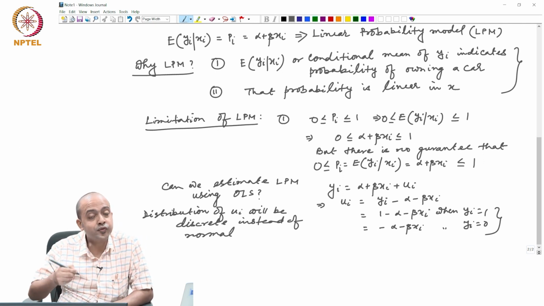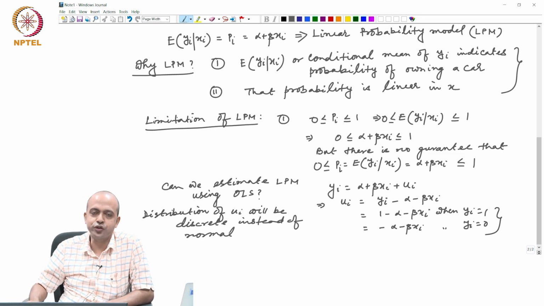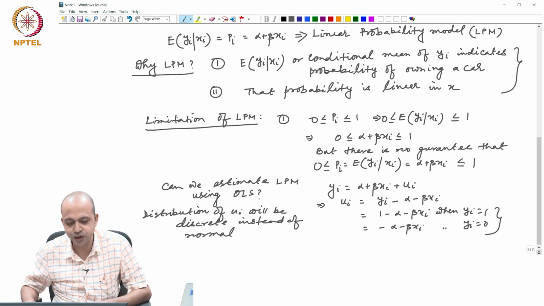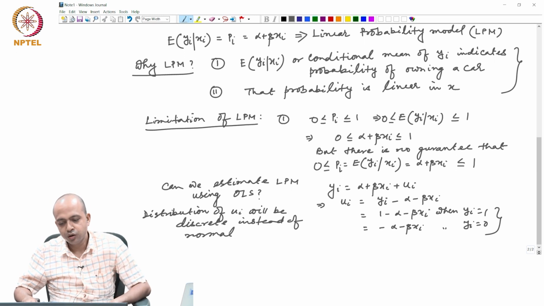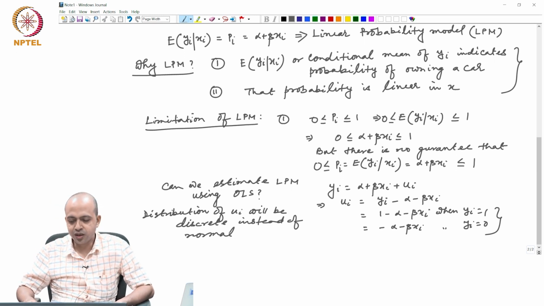If ui follows a discrete distribution, we cannot go for hypothesis testing, because for that we need the normality assumption of ui. Otherwise, we cannot construct the test statistic. So this is another problem of the linear probability model: first, there is no guarantee that the probability will lie between 0 and 1.